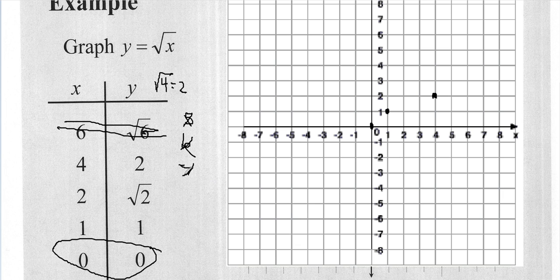It's not going to be 7. 8, not going to be. But 9 is the next one in line. And I can say when x is 9, here's 9 over, I'll just say 9 is here. Y is going to be 3. And that kind of gives me enough to draw my line and graph this equation.